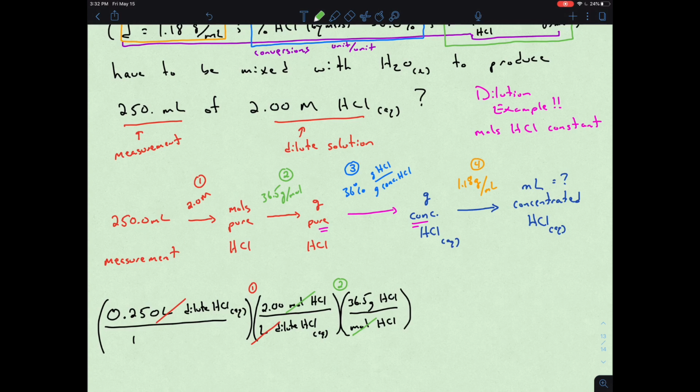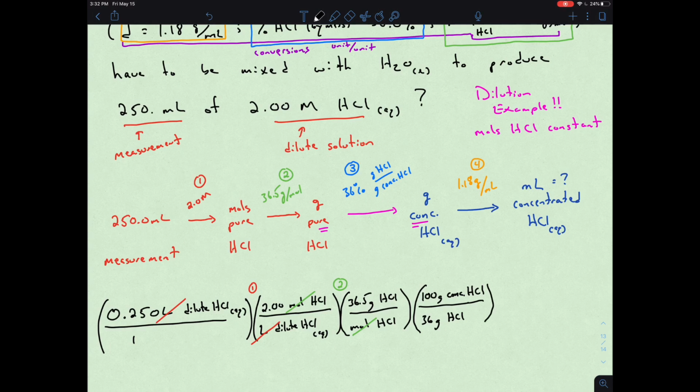And now we're in grams of that HCl. We can now use the mass percent, that for every 36 grams of HCl that's in that solution, it's actually 100 grams of concentrated HCl.